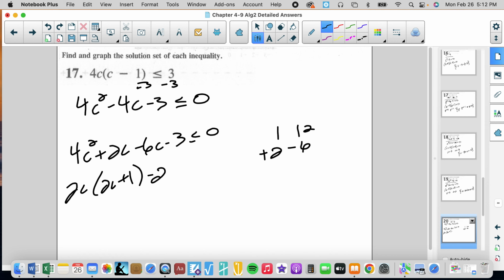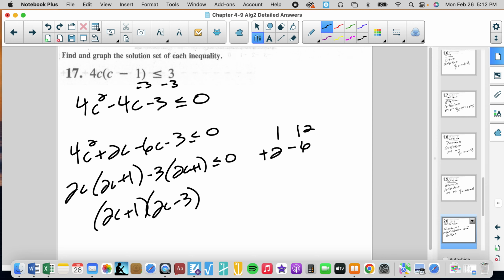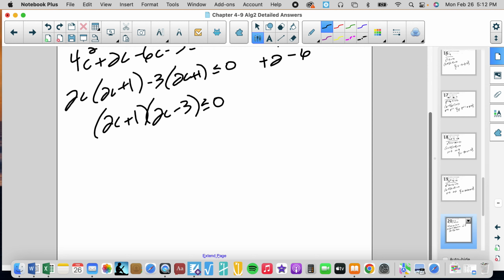Factor out a negative 3, we get 2c plus 1, less than or equal to 0. We get 2c plus 1, 2c minus 3, less than or equal to 0. So it has to be negative, so the signs are going to be different. That's going to be an and. 2c plus 1 is less than or equal to 0, 2c minus 3 is less than or equal to 0.